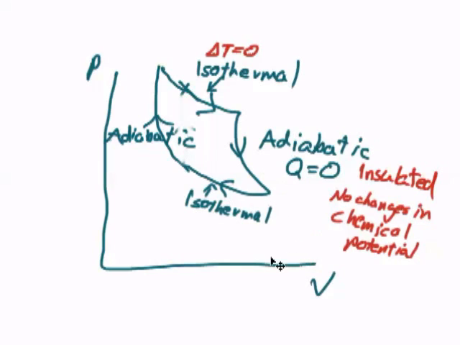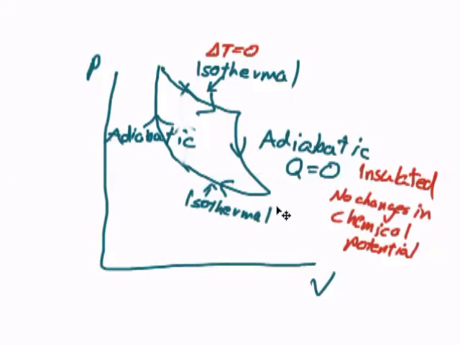Now, why is this considered an ideal engine? Why is it that they say no engine can ever be more efficient than this one? Well, for one thing, they say that these processes are entirely reversible.